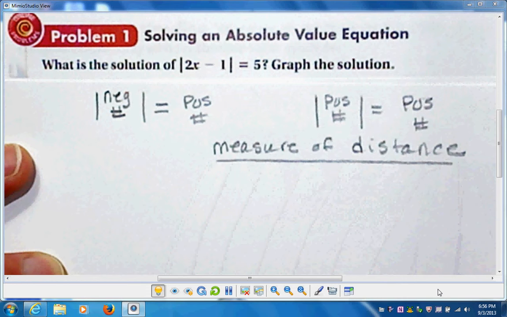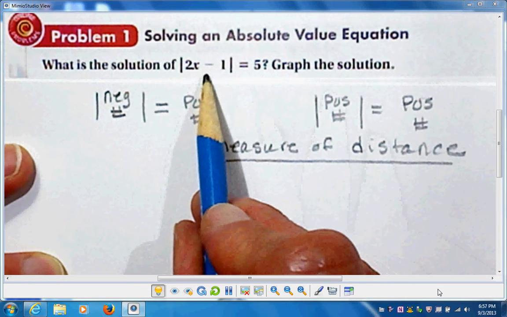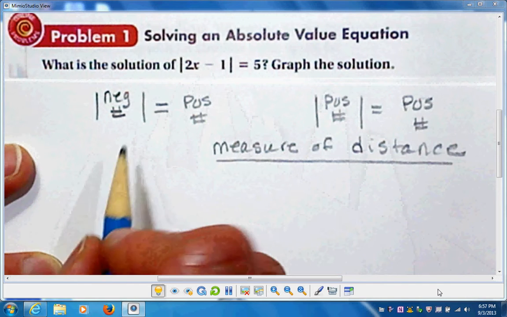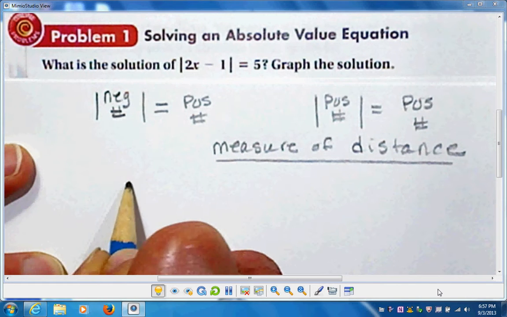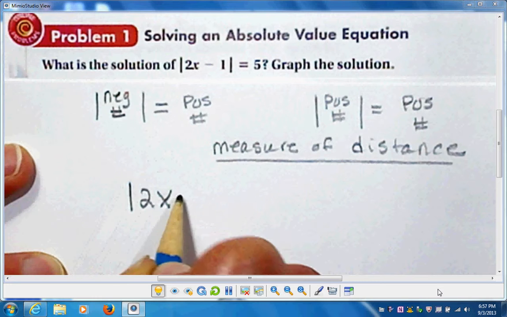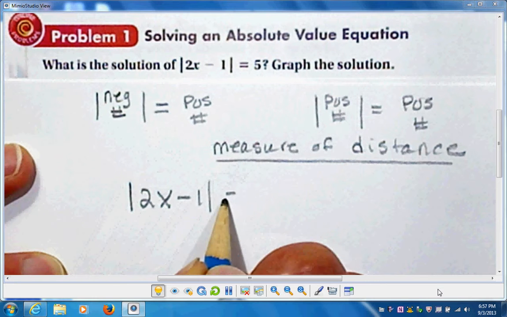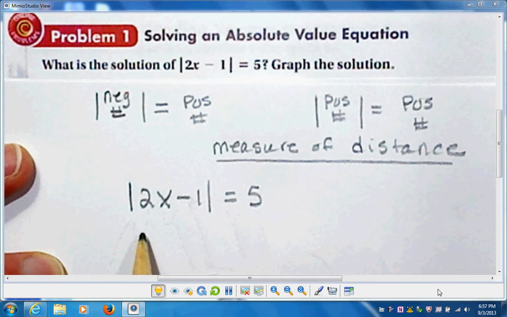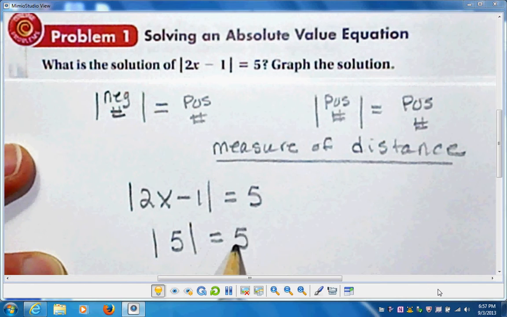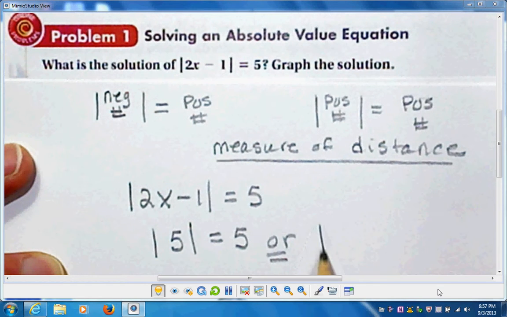Okay, so looking up here, I'm going to rewrite the problem, absolute value of 2x minus 1 equals 5. The absolute value of 5 could equal 5, or the absolute value of negative 5 could equal 5.